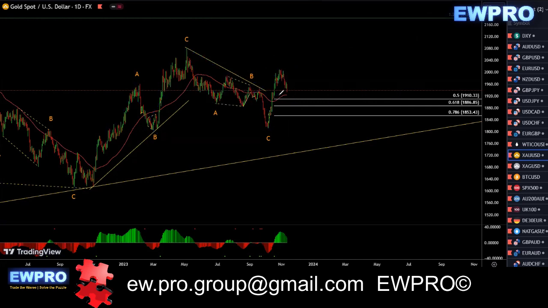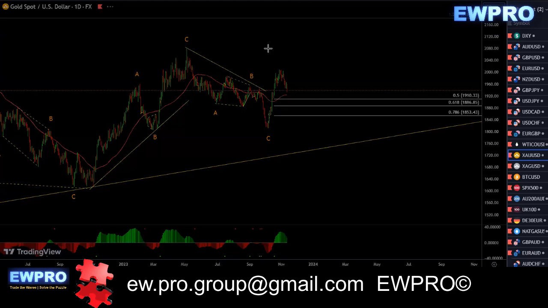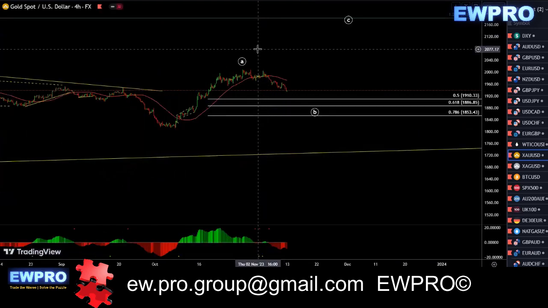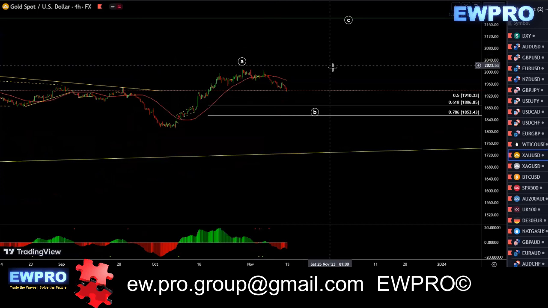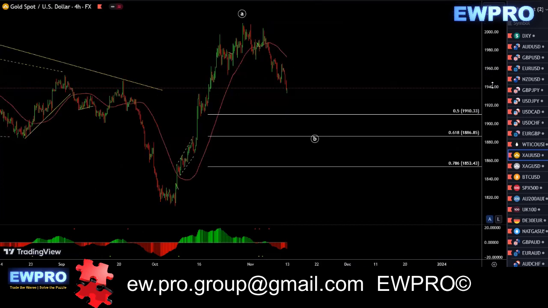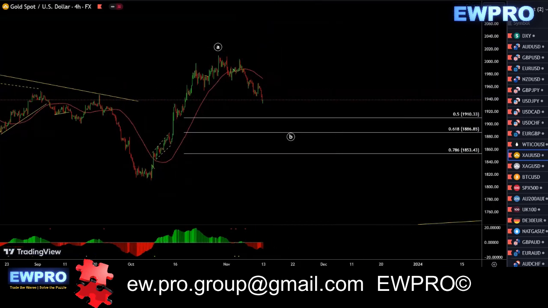But at this stage, we've got a nice impulse up. We want to see what happens in here. If it looks corrective, we can buy it. So you can see what I'm looking at on the H4. Looking for this correction.